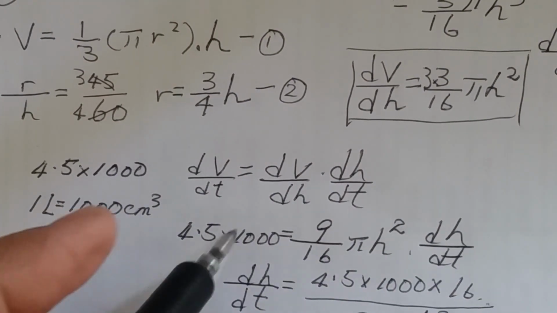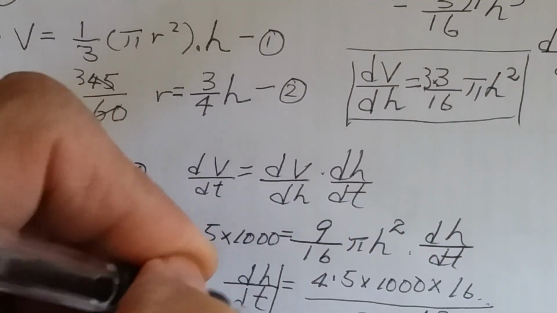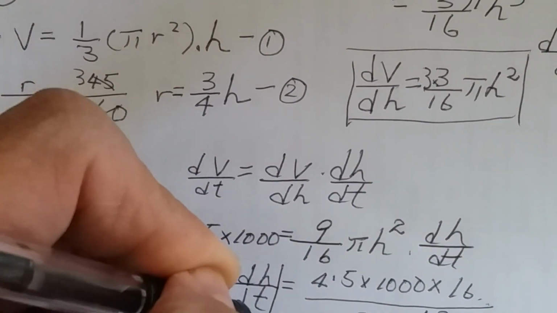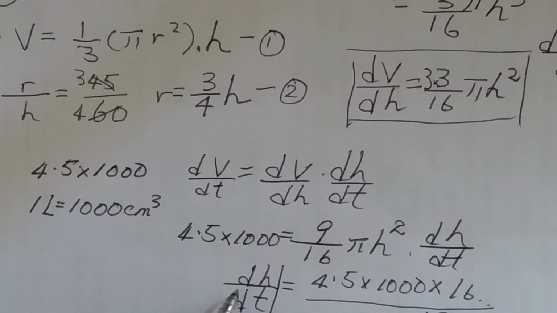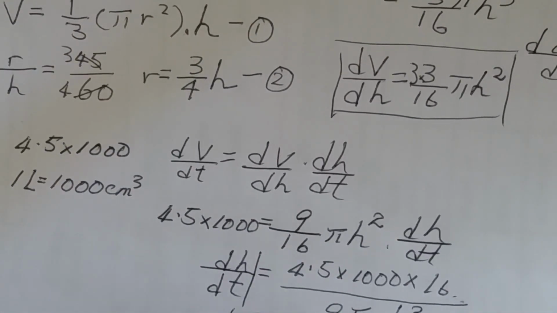Now the question states that when h equals 40, what is the rate dh/dt? So put the h back into the equation.